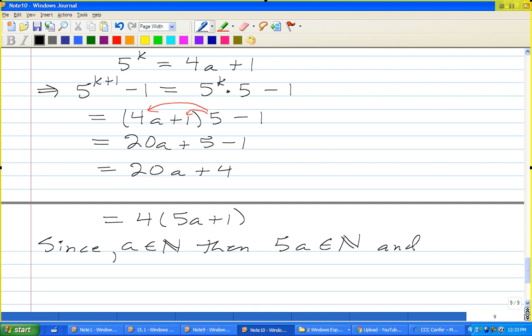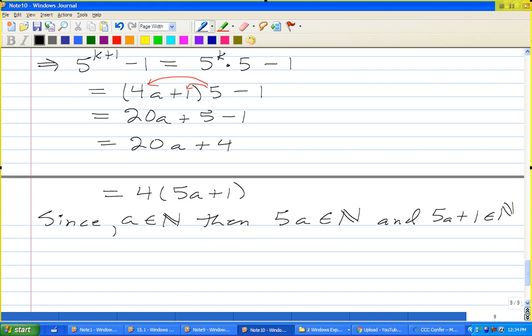And since 5a is a natural number, then adding 1 to it is still a natural number. Again, the natural numbers are closed under addition. If you have some number like 32, then 32 plus 1 is also a natural number, 33. And so therefore 5a plus 1 is a natural number.